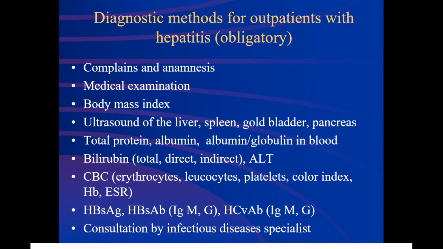More specific methods, because hepatitis C and hepatitis B viral infections are very common, include HBs antigen, HBs antibody, HCV antibody. And if the doctor, the general practitioner, is first of all thinking about viral hepatitis, he has to send the patient for consultation to an infectious disease specialist.